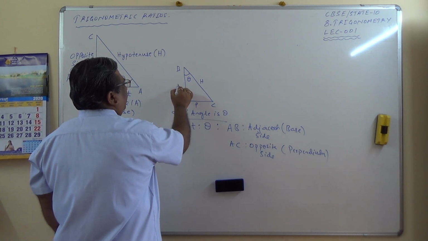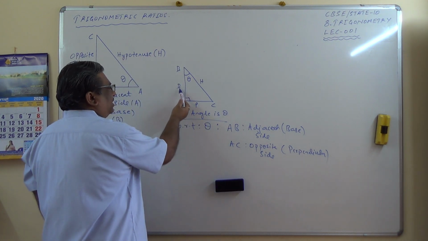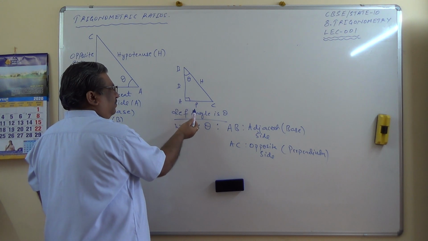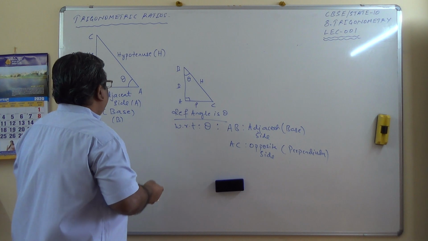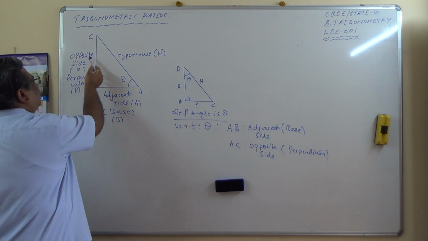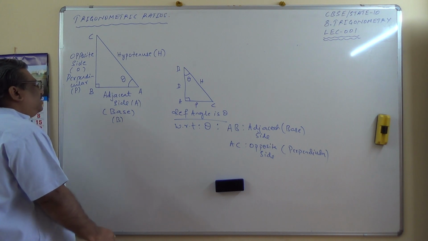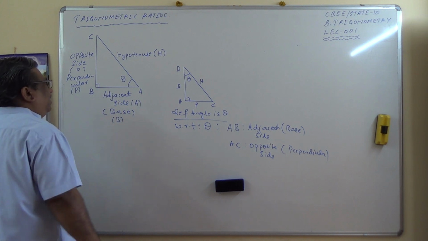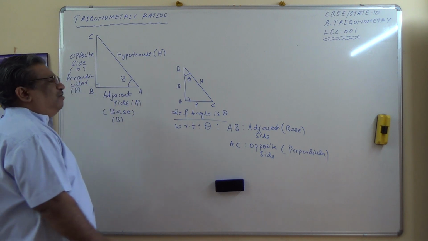Hypotenuse, perpendicular and base. See here, base and perpendicular form one set. Similarly, adjacent side and opposite side form one set. We read adjacent side, opposite side and hypotenuse as one set of representations of the triangle sides. Another set is hypotenuse, base and perpendicular. This is how we read it.